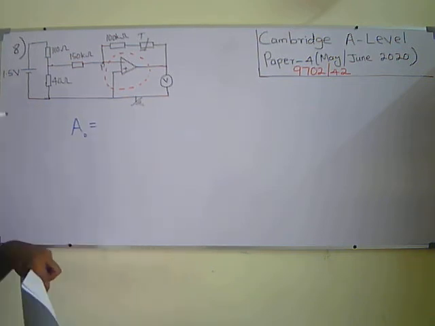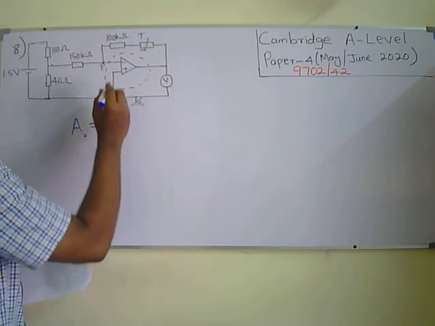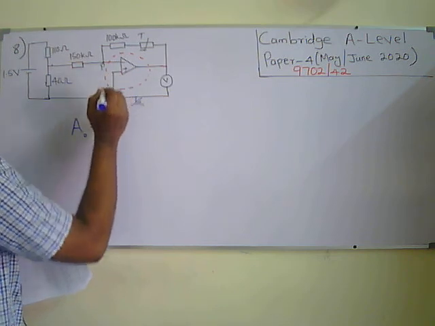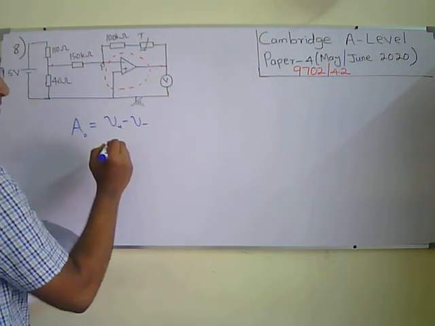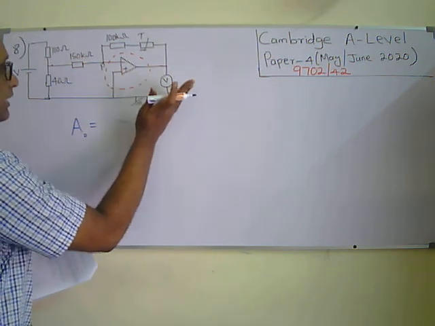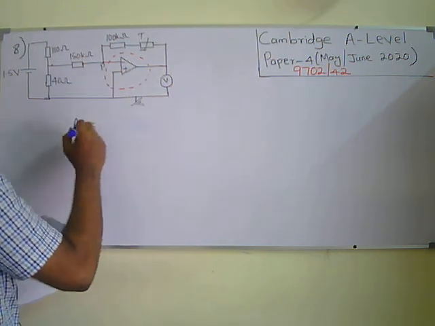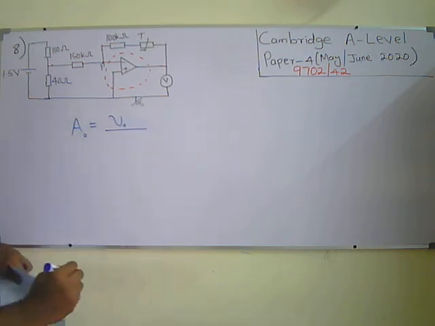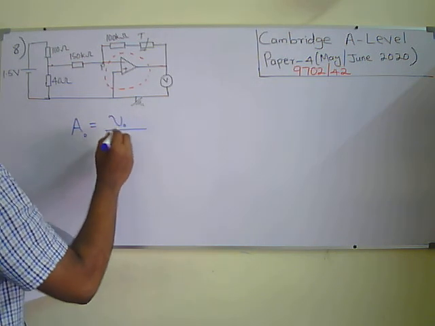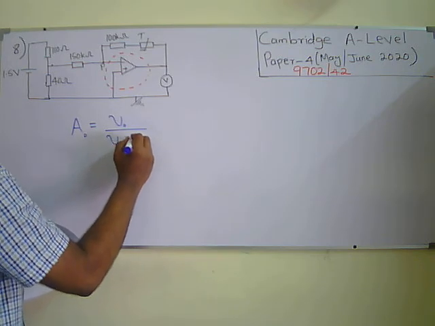Open loop gain is given by the output voltage divided by the difference of the input voltages, V plus minus V minus.